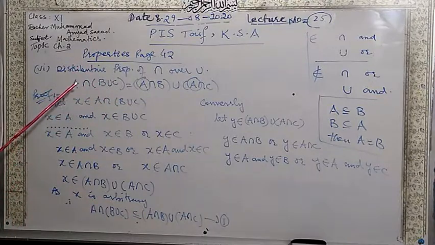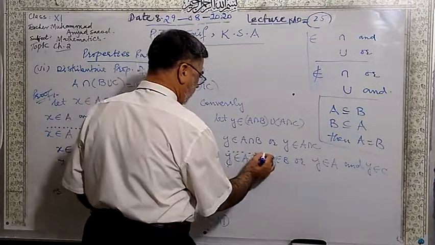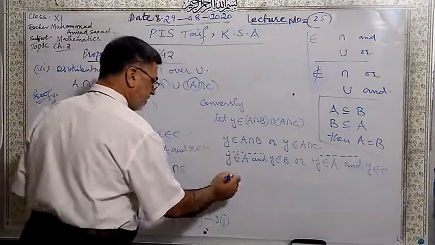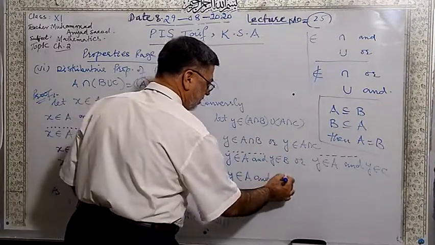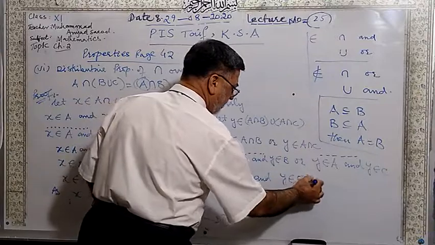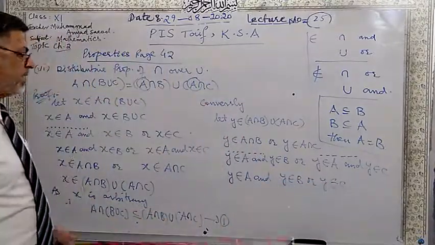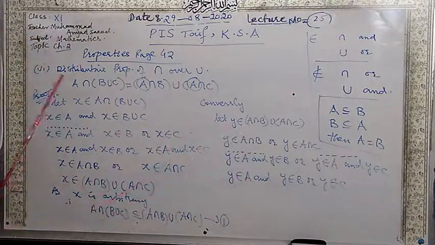Left hand side contains A only 1 time. So Y belongs to A and Y belongs to B or Y belongs to C, and you can take A common from here.